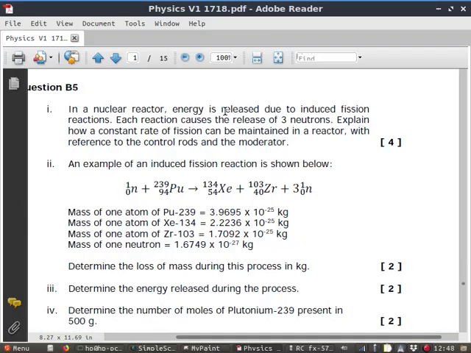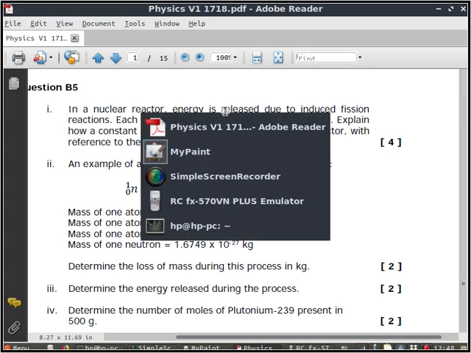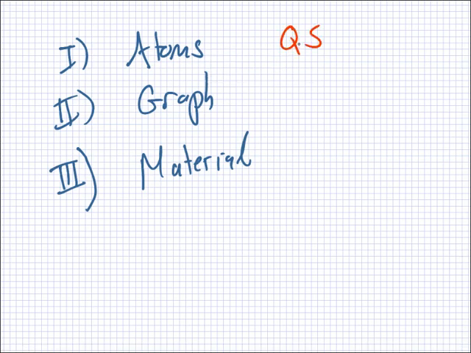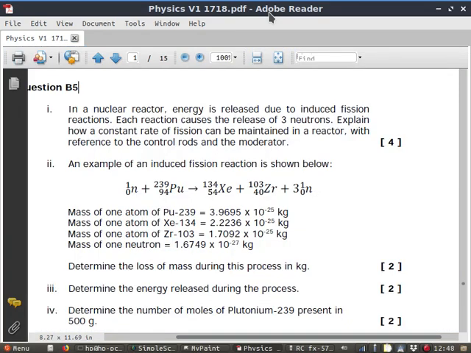So let me look. For this exam, I would say you should do question 5, because that's the atoms question. Materials sometimes ask about a string, or Young's modulus, which is okay.